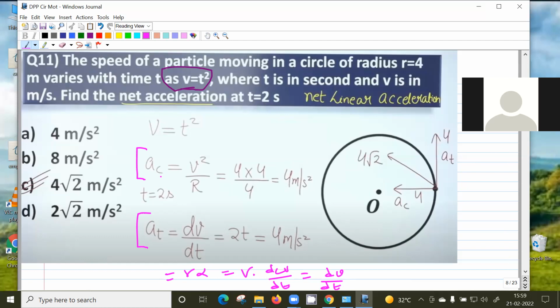Is it clear? No, sir, I can't understand. How did you find tangential acceleration? It is r into d omega by dt. This r is constant for a circular motion, so I can take this r inside the d by dt.